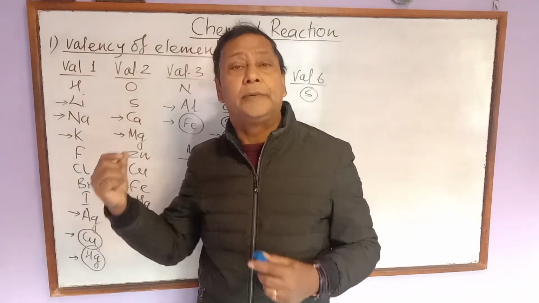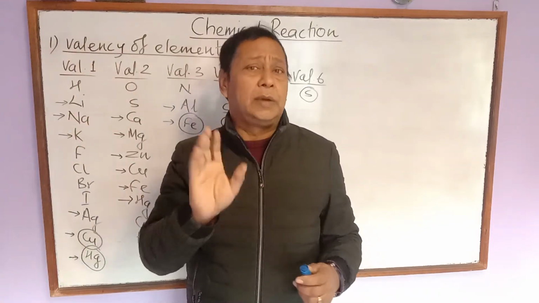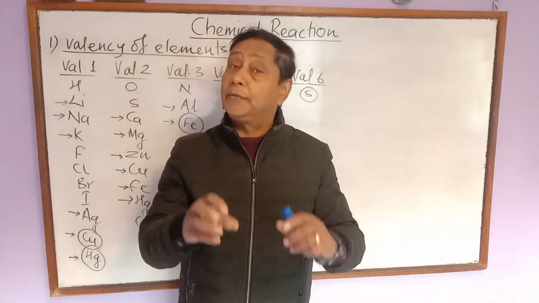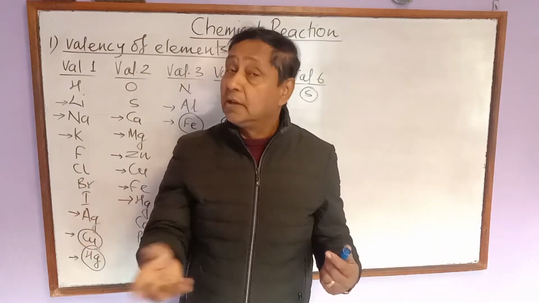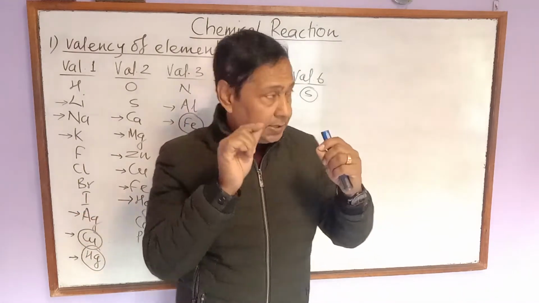If all this is not remembered, we will not be able to write the molecular formula of a compound, and if we cannot write the molecular formula, then we cannot write a chemical equation either. This is the starting point.